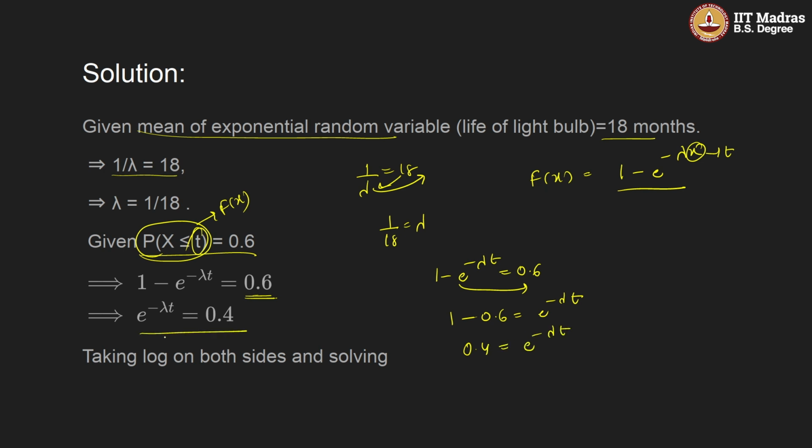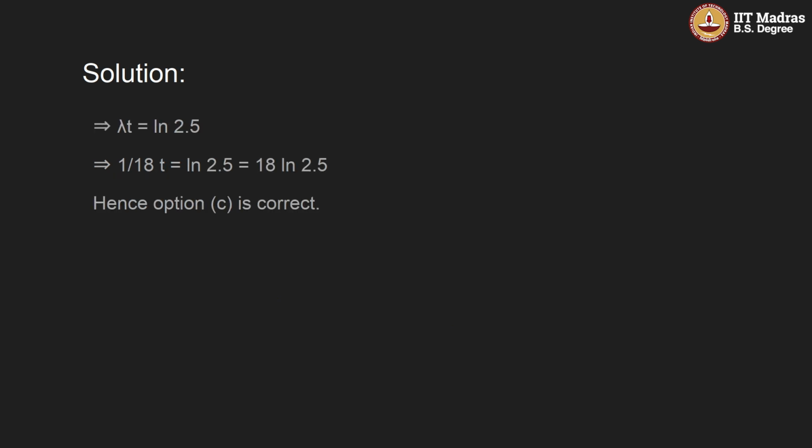Okay. Now we will take log on both of the sides. So e raised to the power minus lambda t equals 0.4. If we take log on both sides, log of e raised to the power minus lambda t will be equal to minus lambda t, and this will be equal to log 0.4.